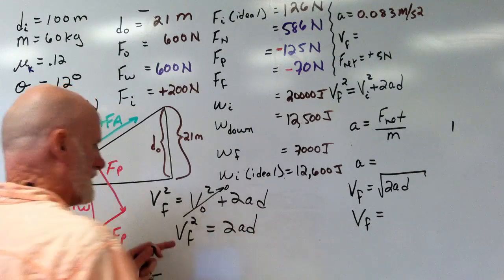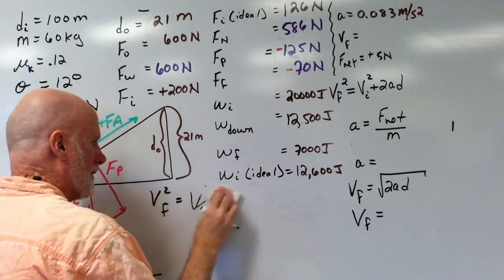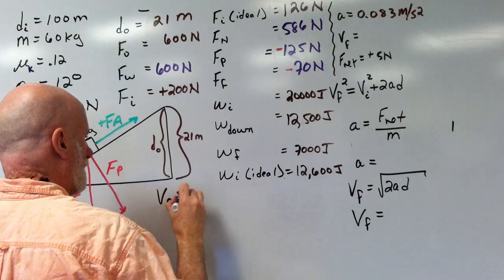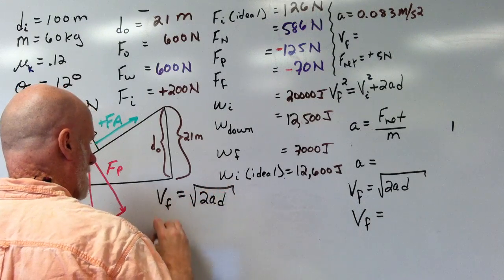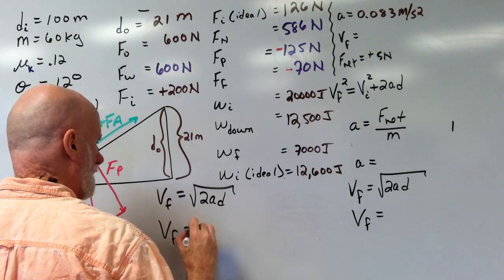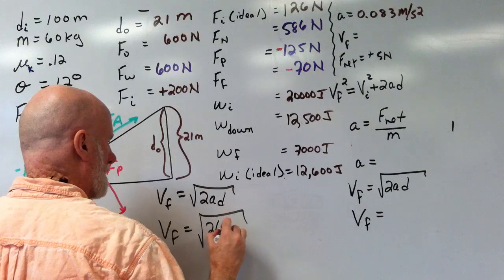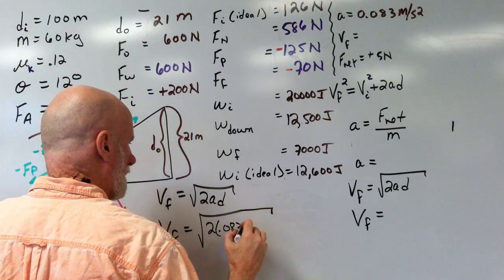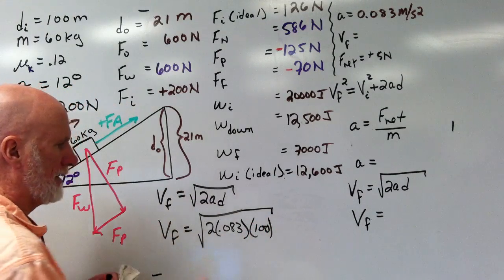Can I erase this just for a second? You see that? So, VF equals square root of 2AD. Is that all right? So 2 times 0.083 times 100.